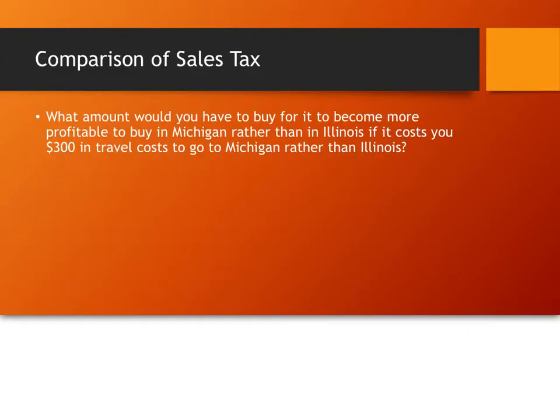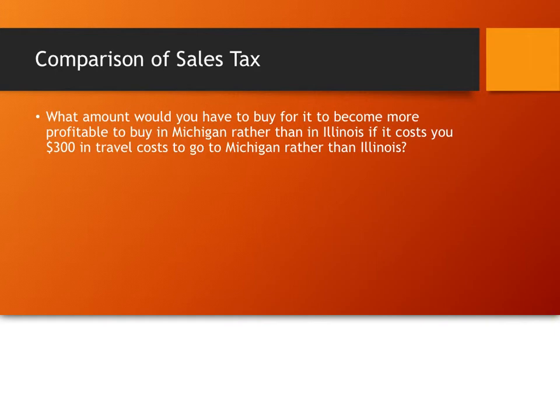So buying in different states often comes with a price. The same thing with moving companies to different states. If you're building a company, there are huge prices involved because you have to move the buildings, move the personnel, and so on and so forth. But let's just take a really simple example. Let's say somebody lives in Illinois and they know it's going to cost them $300 to go to Michigan rather than buy in Illinois.